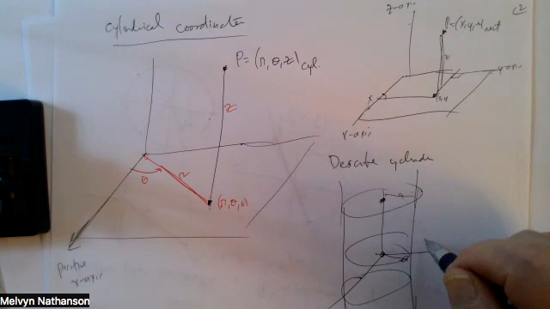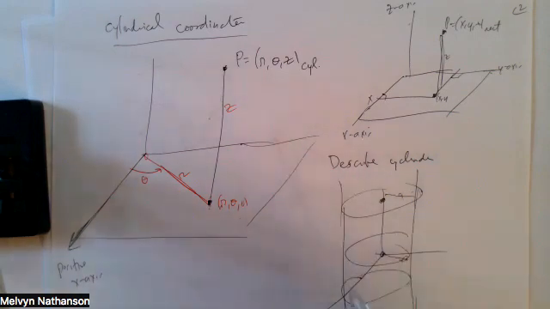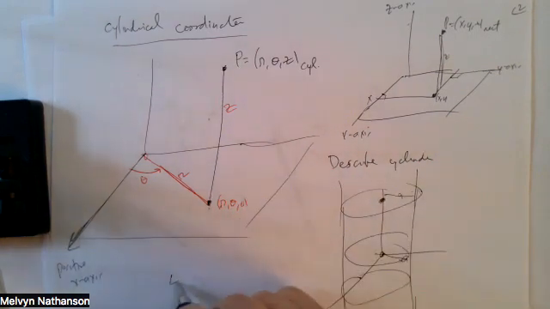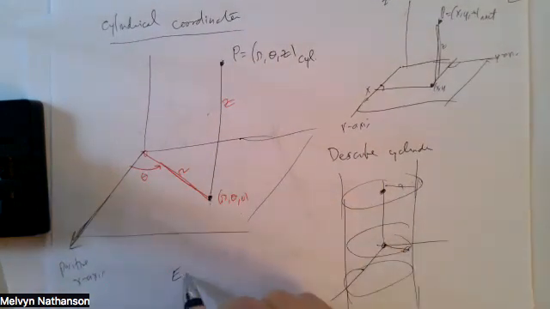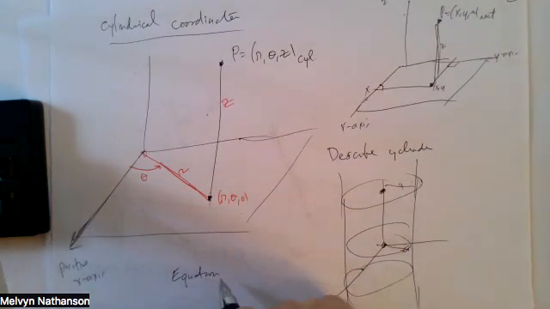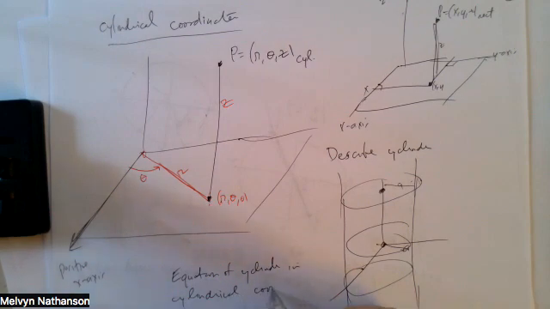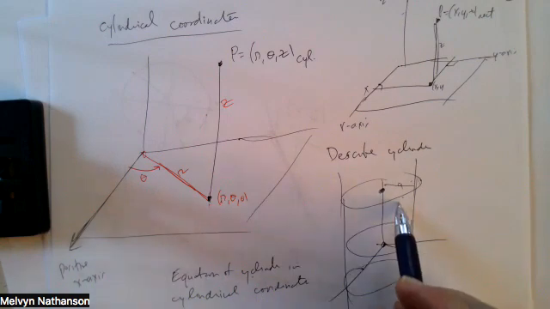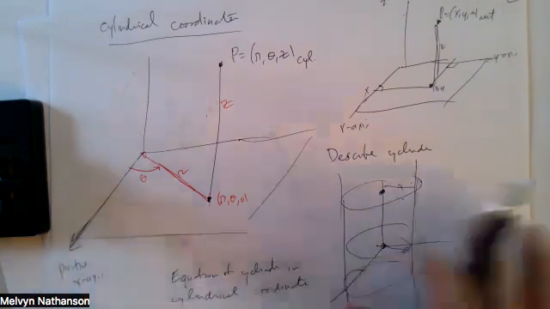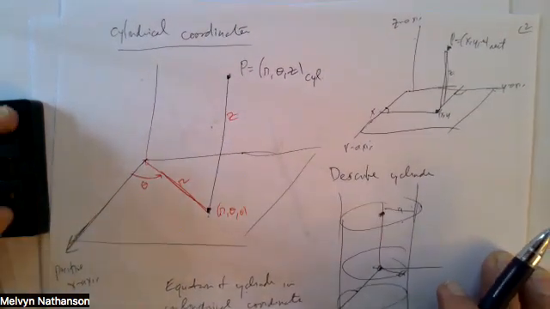Distance to the origin is a. And the equation of the cylinder in cylindrical coordinates is the cylinder of radius a with the vertical axis, the z-axis.